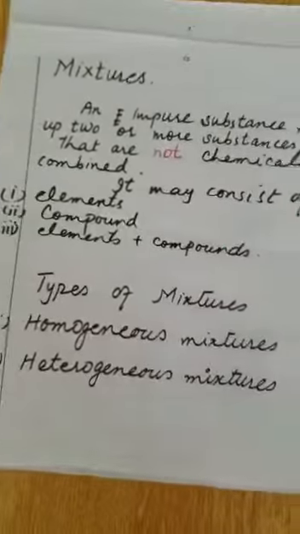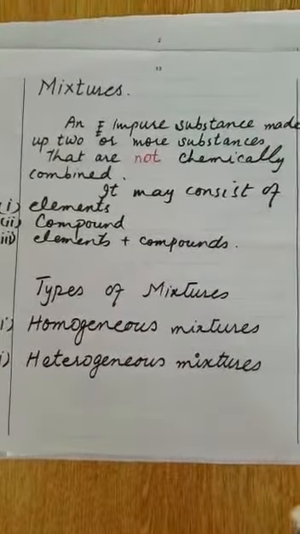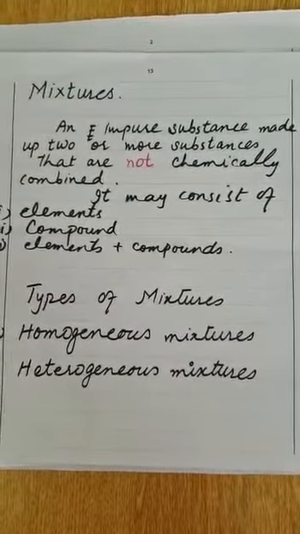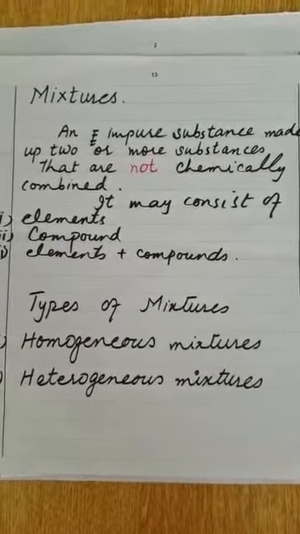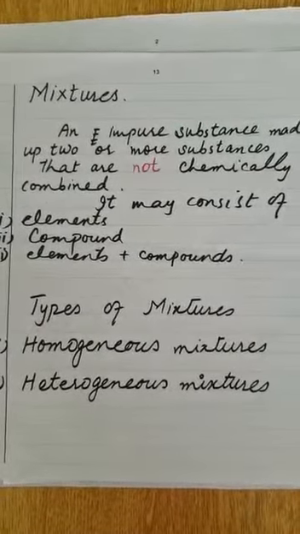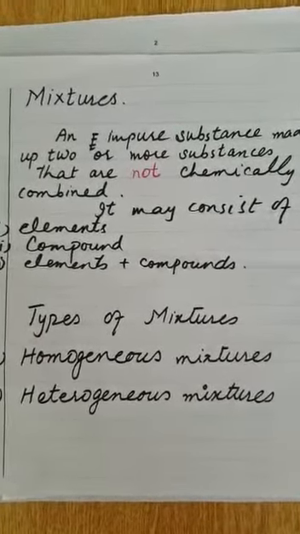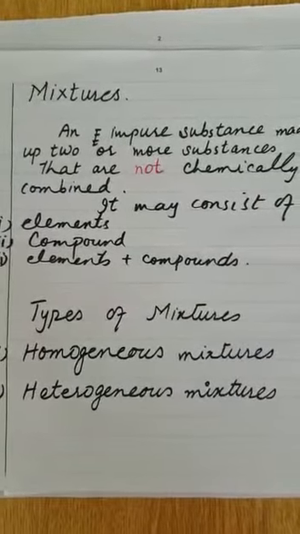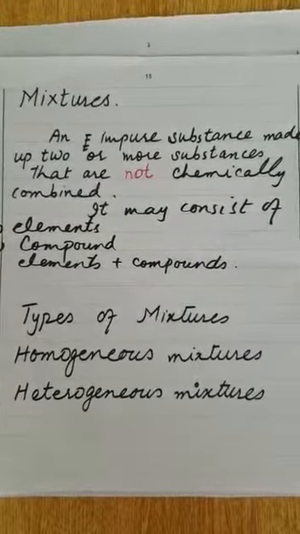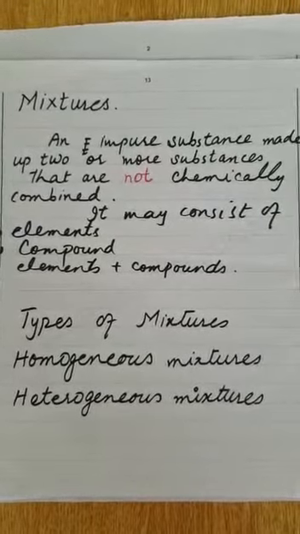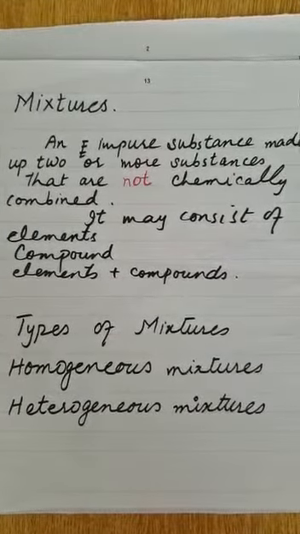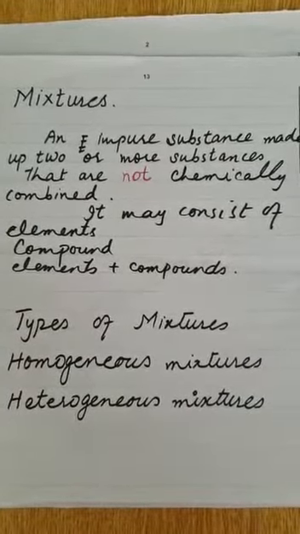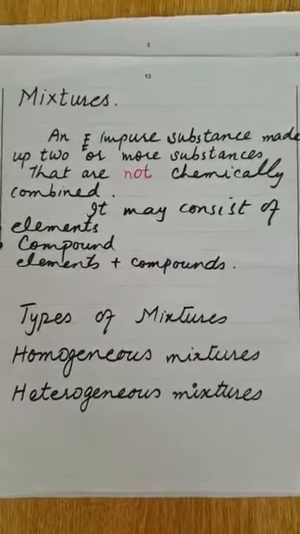After that we discuss mixtures. Mixtures are impure substances. Compounds are pure, but mixtures are impure substances. Another big difference between compounds and mixtures is that compounds are formed by the chemical combination of elements, whereas mixtures are formed by the physical combination of substances. The substances may be elements, compounds, or both.